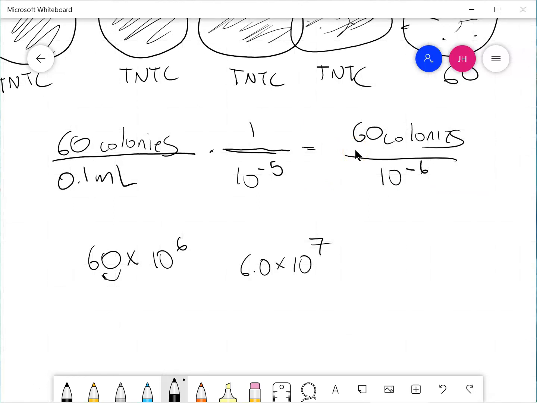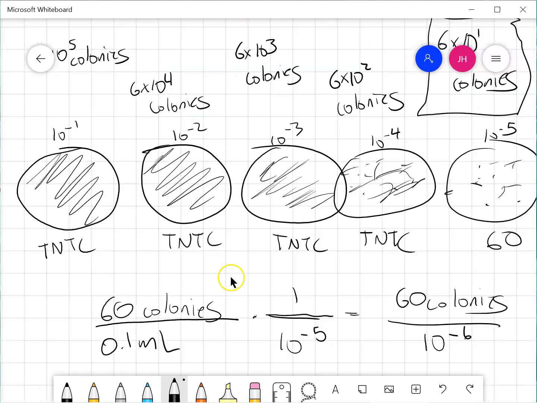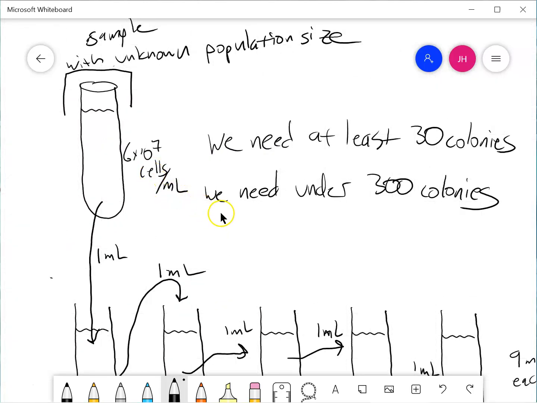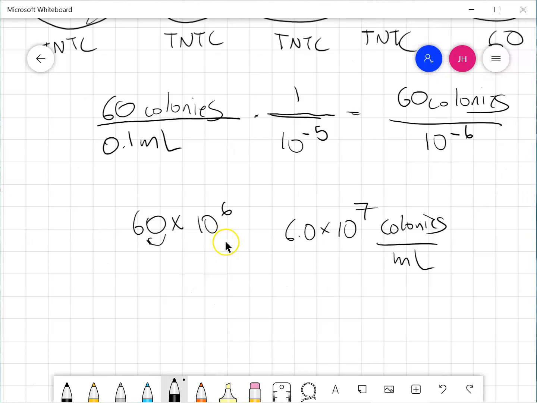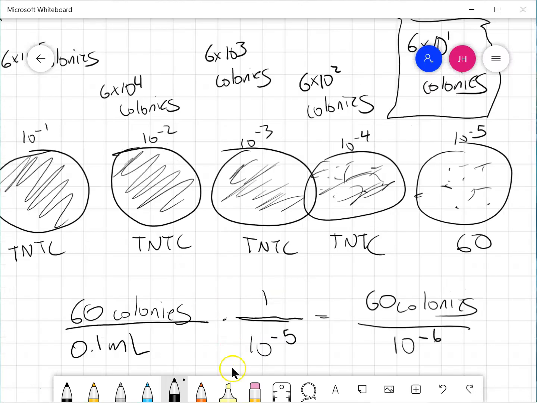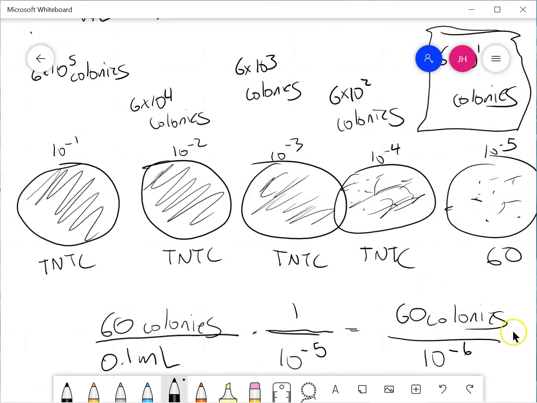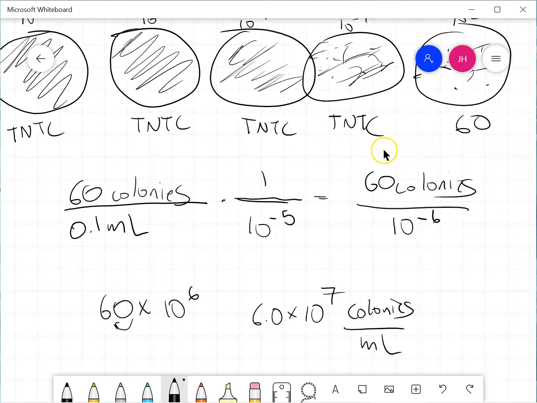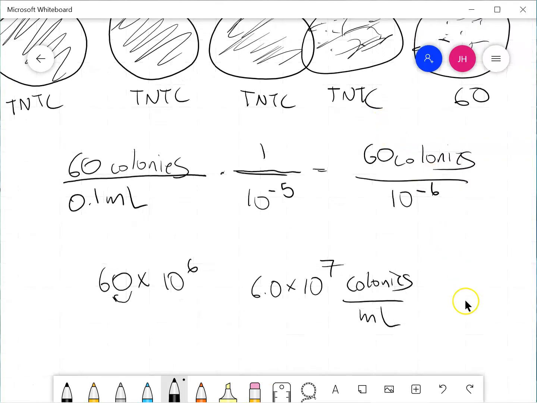Well, in this calculation, what they would come up with is colonies per milliliter. Now that's a strange unit, right? Because what we really wanted to know was cells per milliliter. But we don't know cells per milliliter, we just know how many colonies were formed on this plate. So there could have been a bunch of dead cells in there that we just don't detect this way.